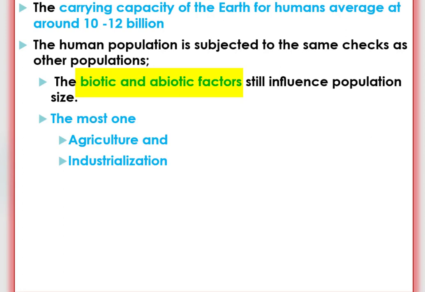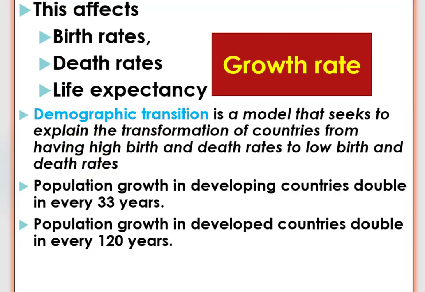However, the human population is subject to other factors affecting its development. These factors are agricultural development and industrialization. This affects human population growth rates, death rates, and life expectancy. These changes are called demographic transition.